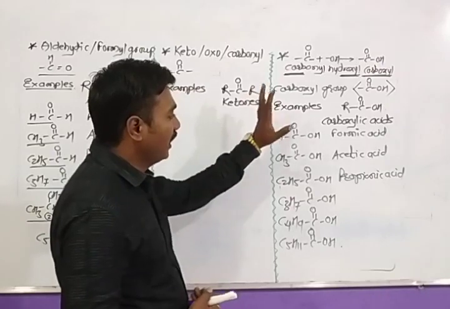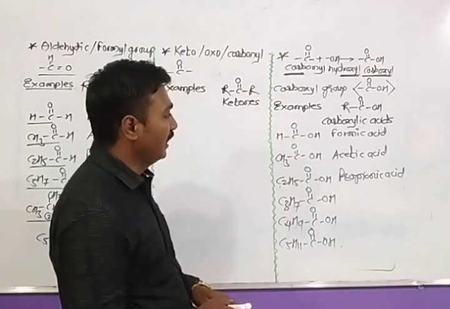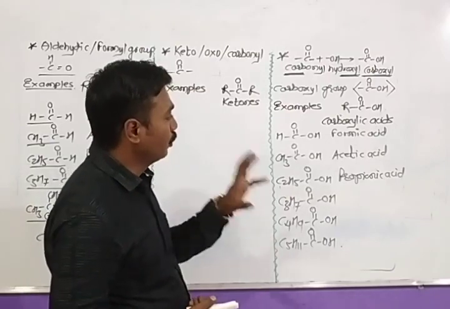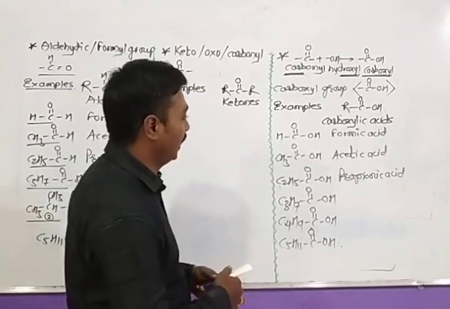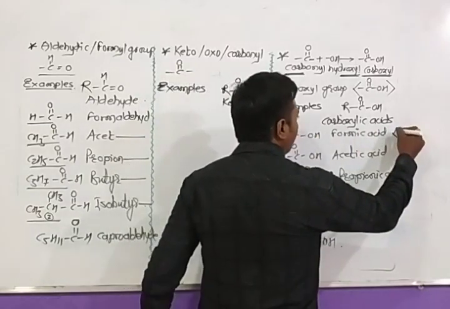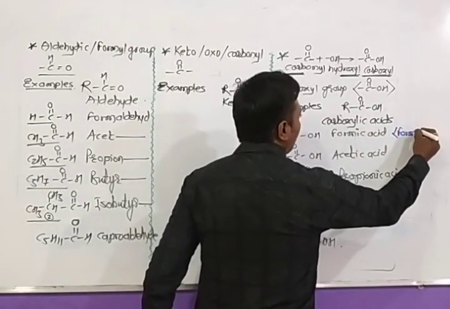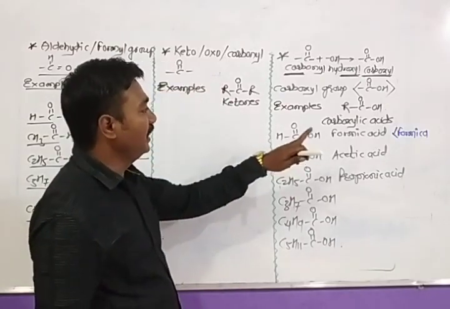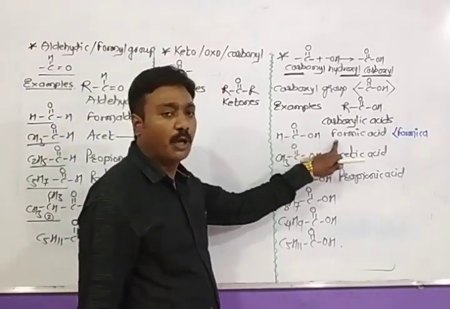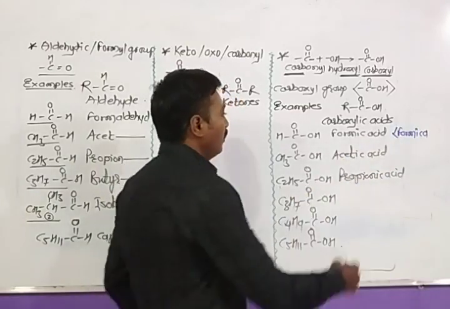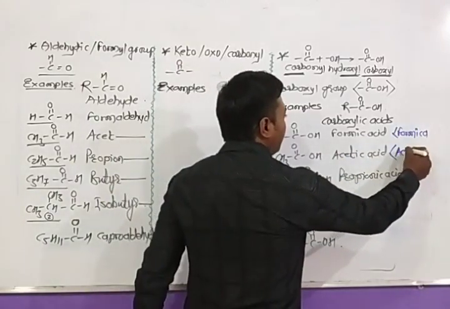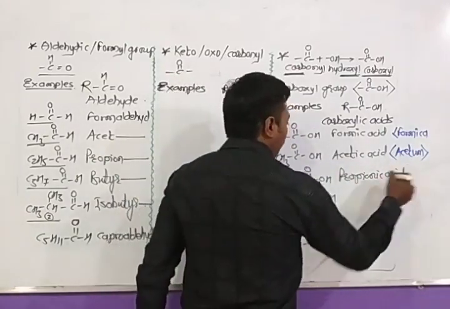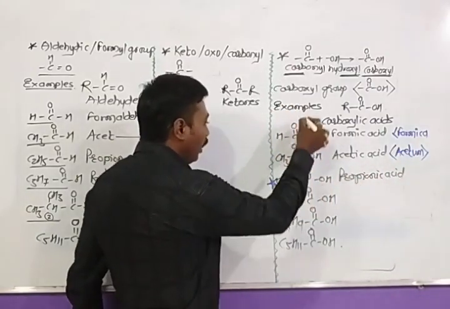All the common names of carboxylic acids are given from their natural sources, that is, from the source in which they are obtained in nature. For this, the natural source is Formica, red ants. From red ants, this acid is obtained, therefore it is called formic acid from Formica. From vinegar, that is from acetum, this acid is obtained, therefore it is acetic acid. This is the first fatty acid of this series.